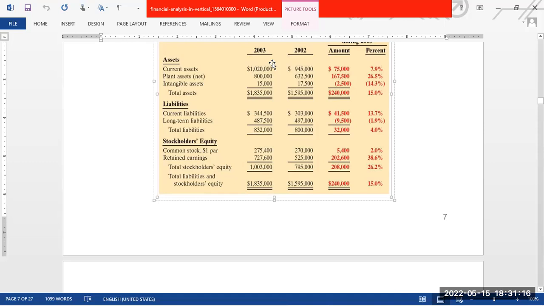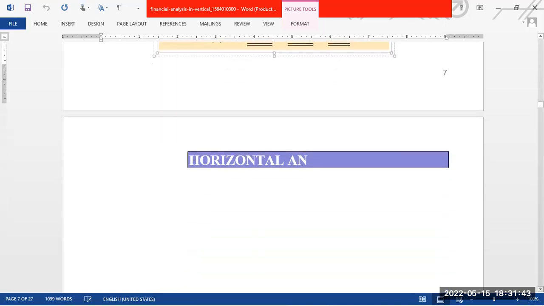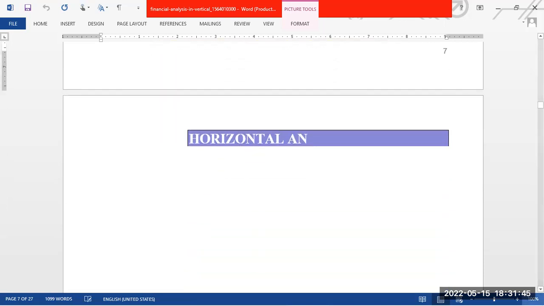So the previous year, 2021, is the base year, and 2022 is the current year. You take the figure for this year minus the figure for last year divided by the figure of last year. You get your percentage, and you know percentage is multiplied by 100. And you are done for the horizontal analysis tool.